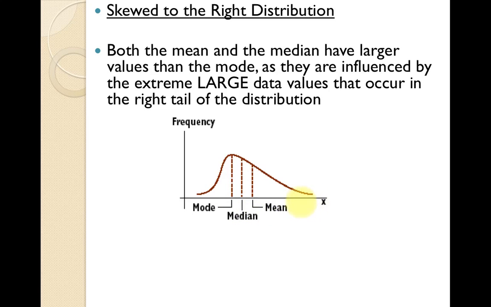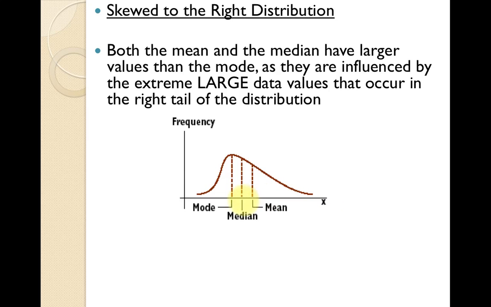So here we have the right tail, and in a skewed right distribution, the reason why it's called skewed right is because there are a few data values up here that are pulling the tail to the right. So you can imagine a distribution of test scores in the 70s, and then you get a test score of 100, which has the effect of pulling the distribution to the right.